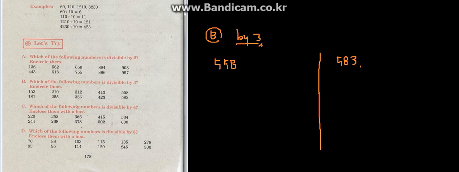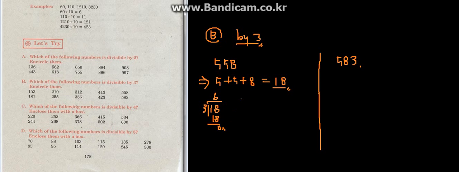To prove that a number is divisible by 3, the sum of all the digits, 5 plus 5 plus 8, which is 18, should be divisible by 3 without remainder. So 18 divided by 3 equals 6, and there's no remainder.